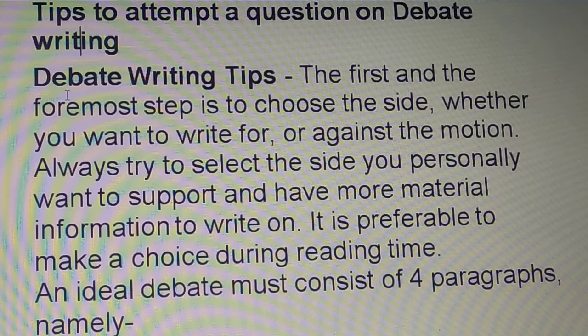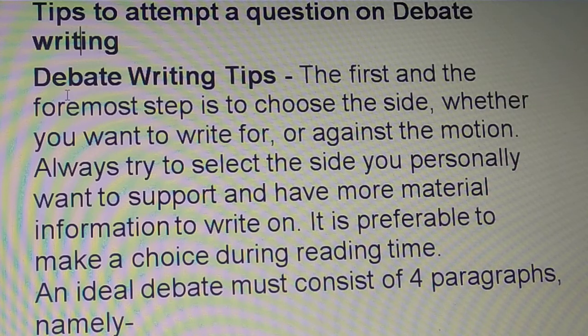Debate writing tips. So here are some tips that will help you. The first and the foremost step is to choose the side, means whether you want to write for the motion or against the motion.